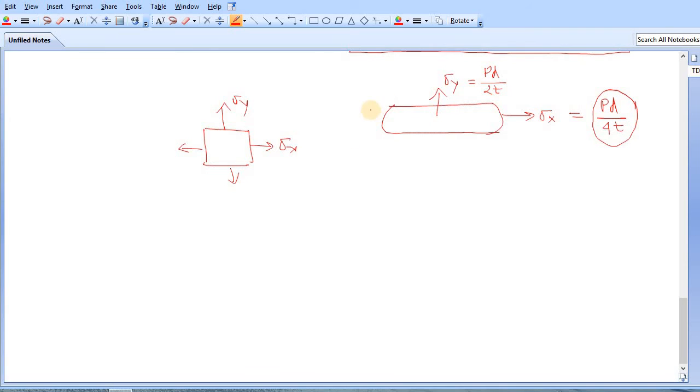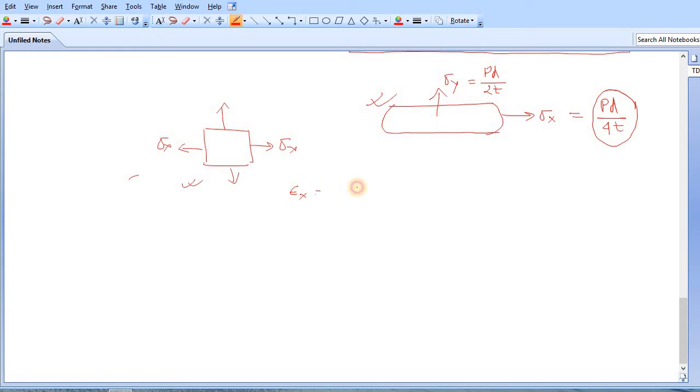So in this case, how can we calculate the total volume change? Consider again this object. This is sigma x, this is your sigma y. Let's say for right now there is no sigma y. Due to this sigma x, what is the strain?